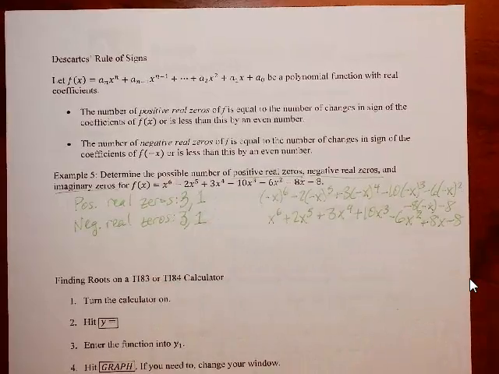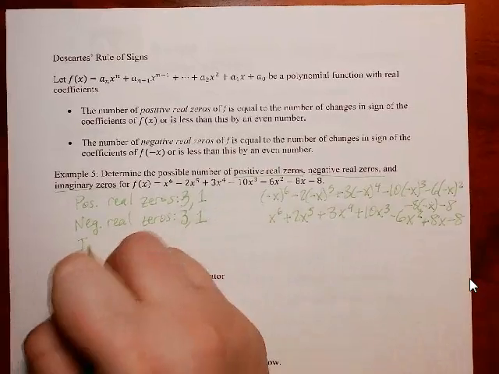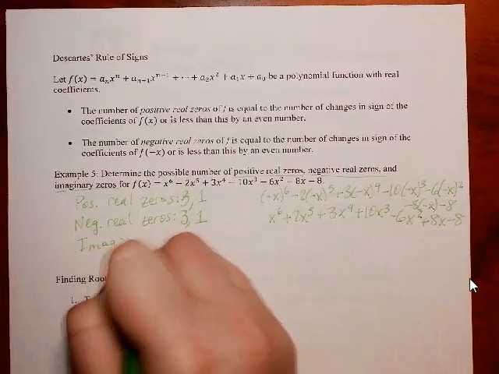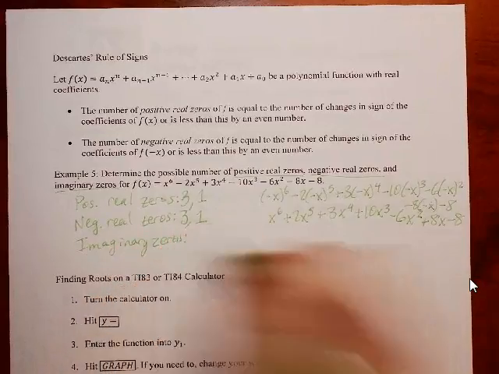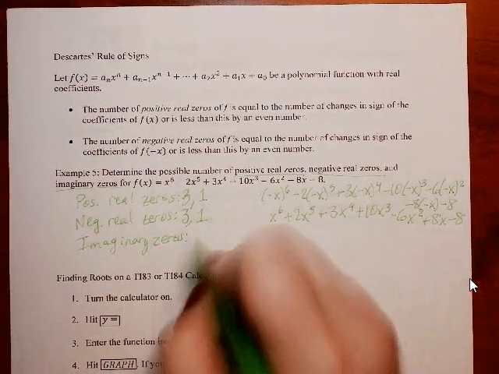Now, for our imaginary zeros, we can only have an even number of imaginary zeros. So, for imaginary zeros, we can have 2.